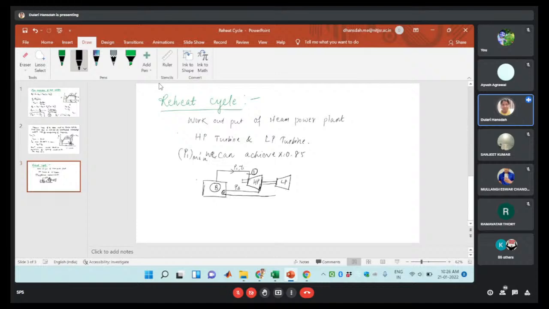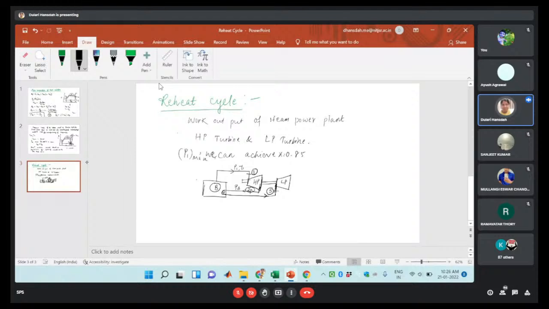This will be the inlet to the low pressure turbine. Here we are adding the heat. Okay, at the P3 pressure. So this will be the inlet. Let us take this as 2S, and this one, the inlet, is your T.